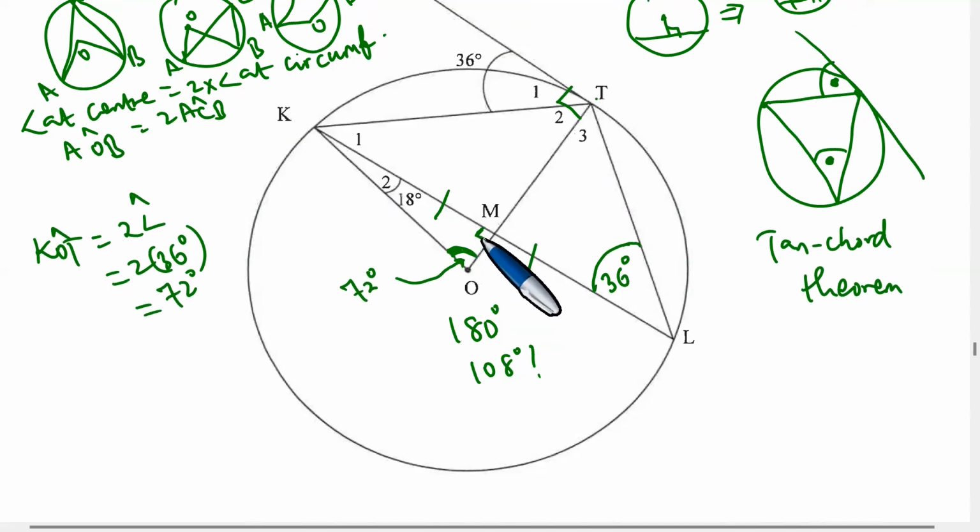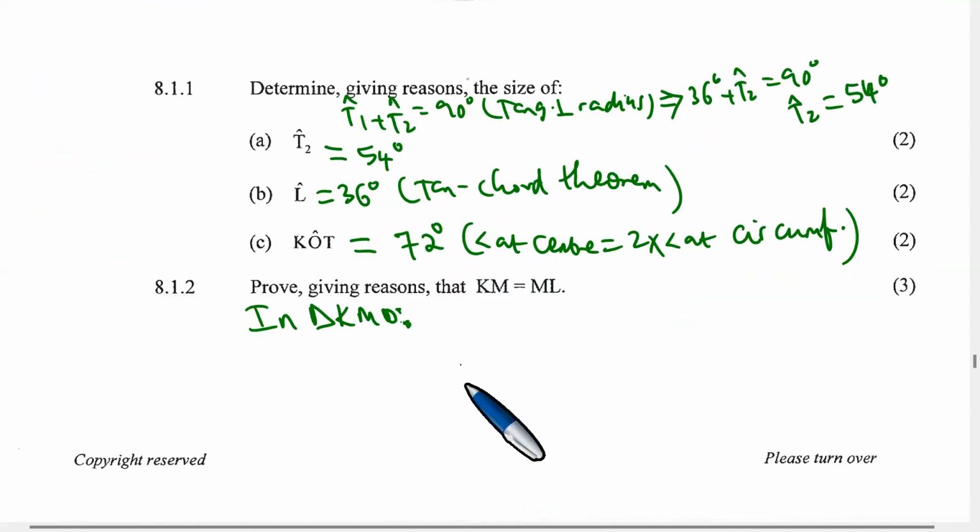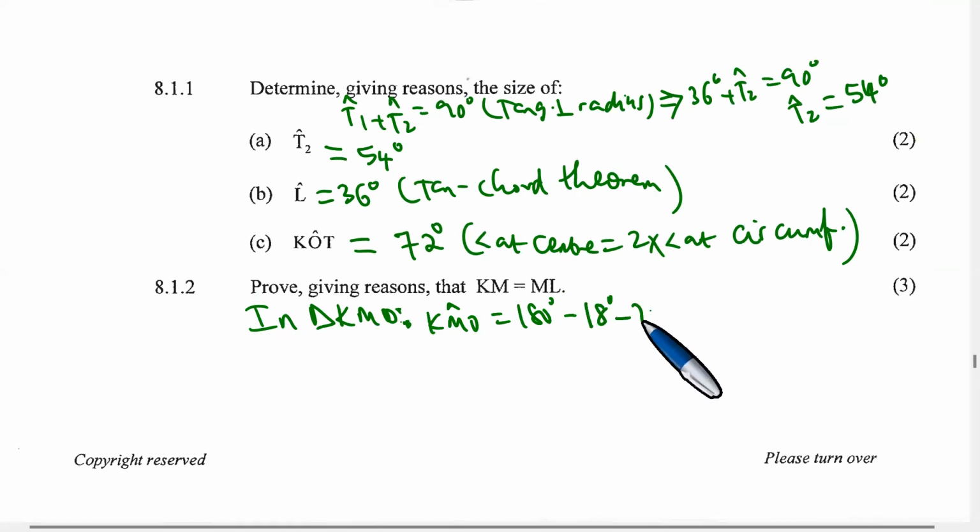So this angle is going to be 180 minus this and that, 180 minus 18 and 72. In other words, angle KMO is 180 minus 18 degrees minus 72 degrees, which is 90 degrees.